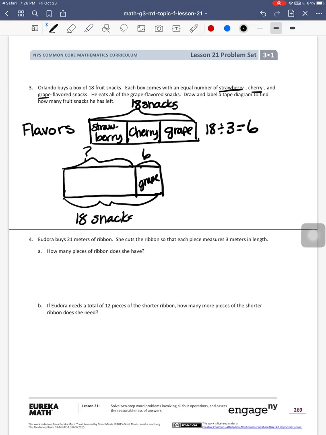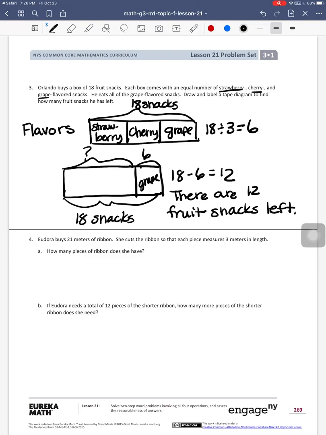So what we're going to do is 18 minus 6. And what does that equal? Right, 12. There are 12 fruit snacks left.